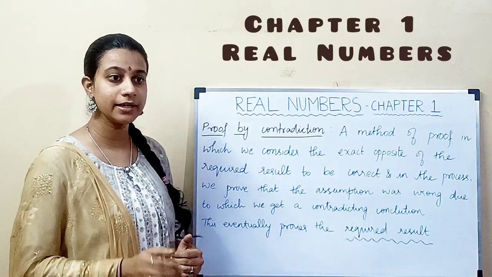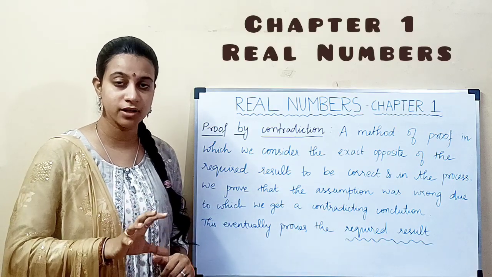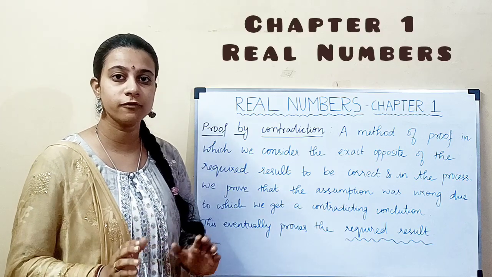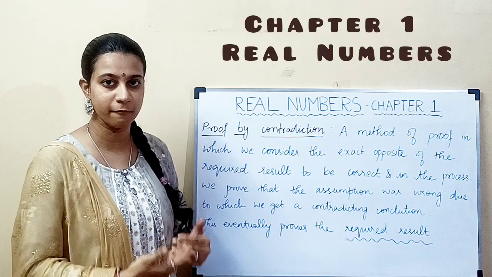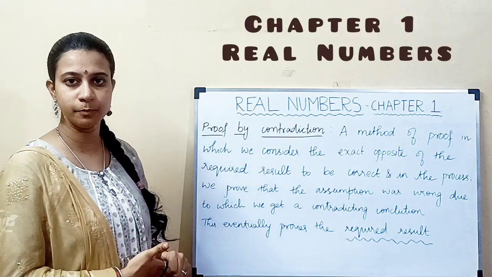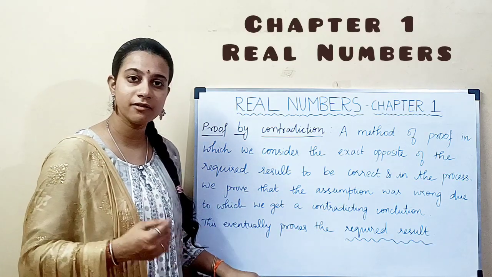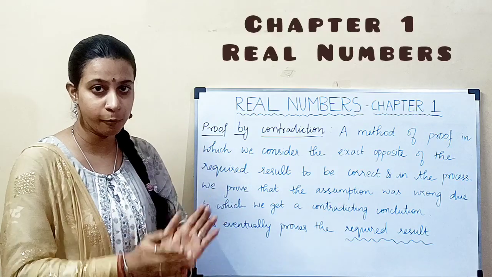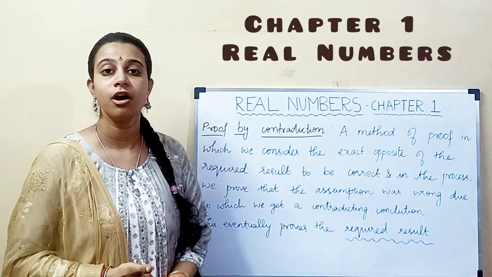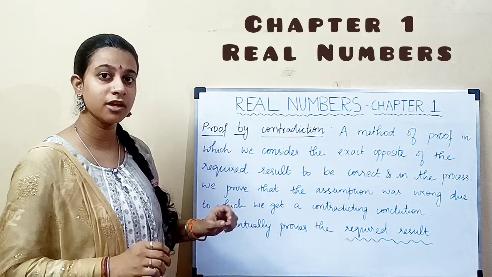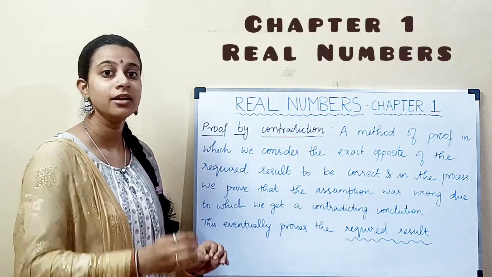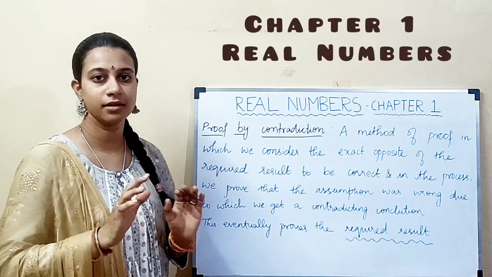So we say that this kind of contradiction has arisen because of the wrong or incorrect assumption which we made in the beginning of the proof. Since we considered the exact opposite condition to that of the required result, because of this contradiction our assumption is wrong and the required result is correct.